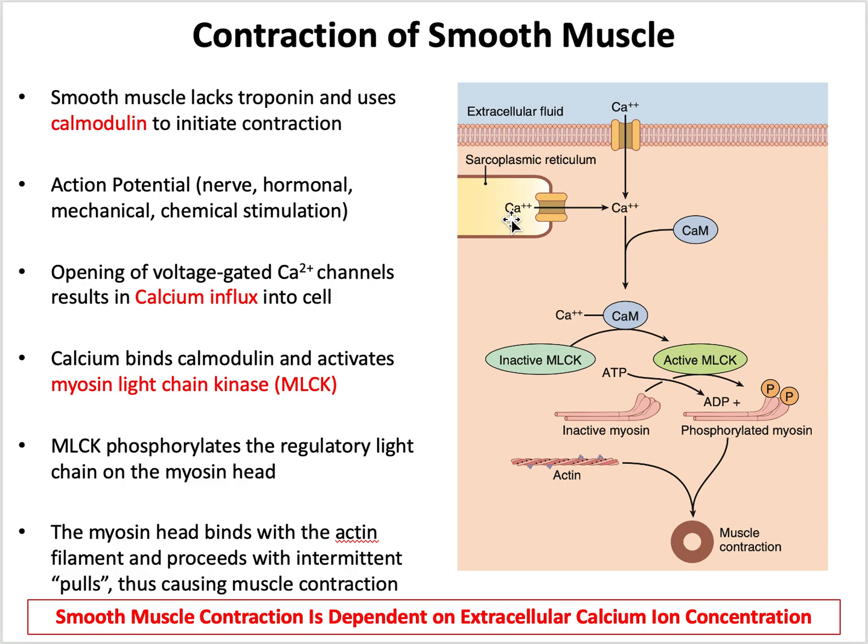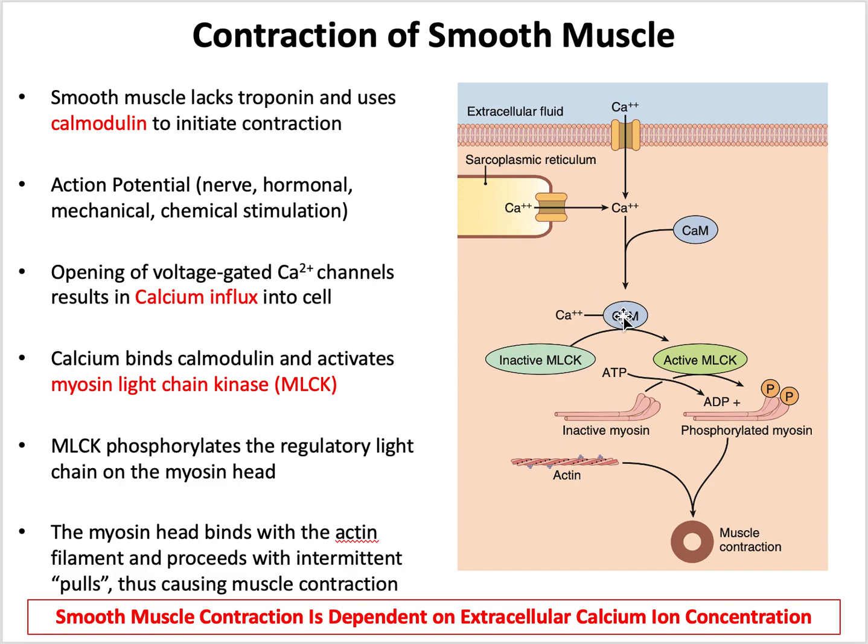There's some, and some smooth muscle cells might have a little bit more than others, but for the most part, it's not very extensive. But calcium is still required for smooth muscle contraction, and so smooth muscle cells have to rely more heavily on extracellular fluid calcium. Any imbalances in extracellular calcium levels can throw off smooth muscle contraction because they don't have extensive sarcoplasmic reticulum.